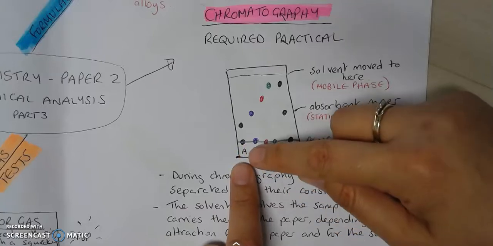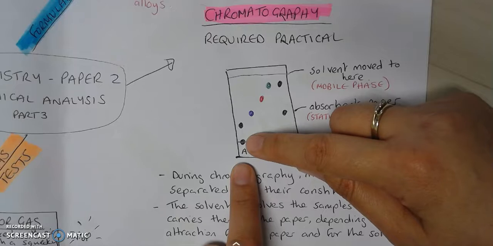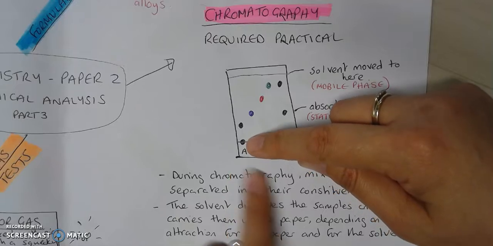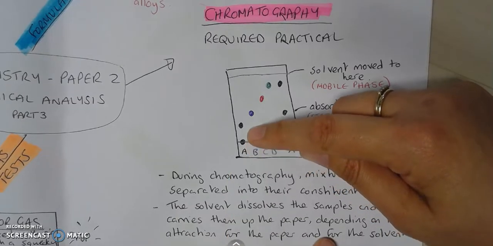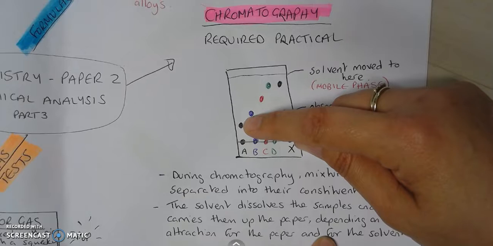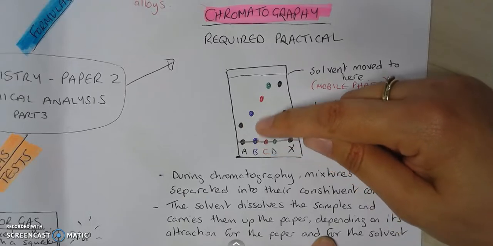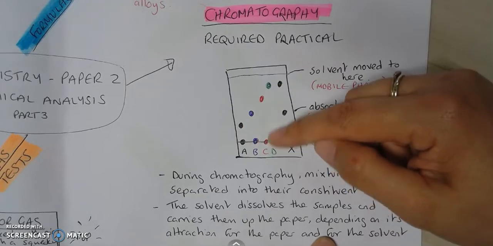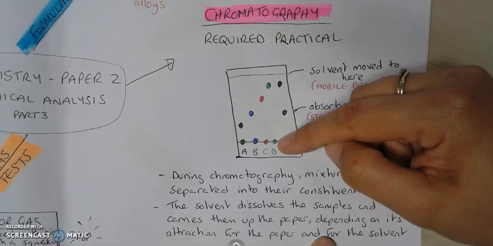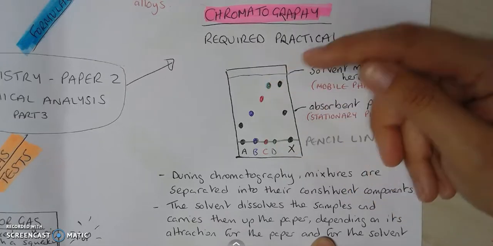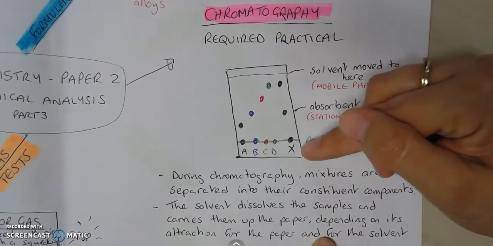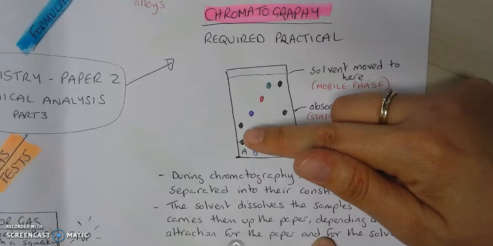So this is person A's pen, and you can see that the solvent has dragged the constituent parts up to this point. B, this pen has gone up to here. C, this pen has gone up to here. And D, this pen has gone up to here. So I want to know whether X is one of these pens.